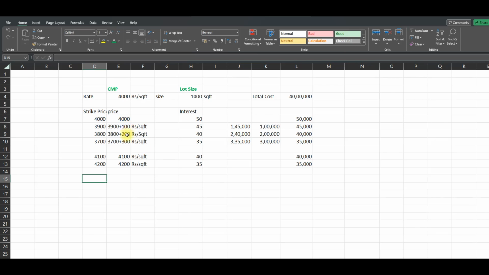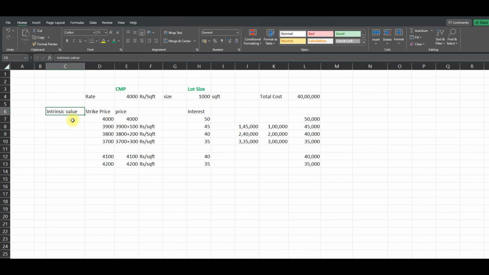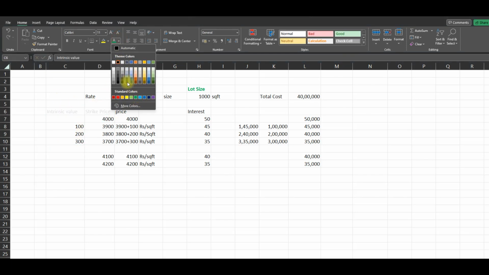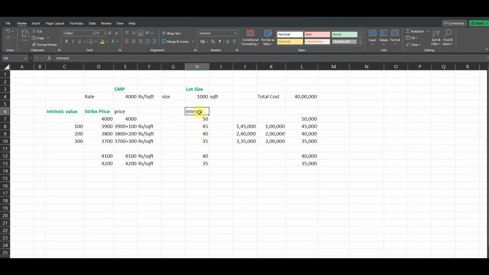This 100, 200, 300, right? These are all the intrinsic value. 100, 200, 300. The interest which we pay to the seller is the premium.